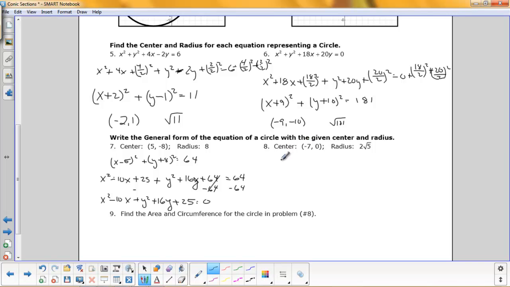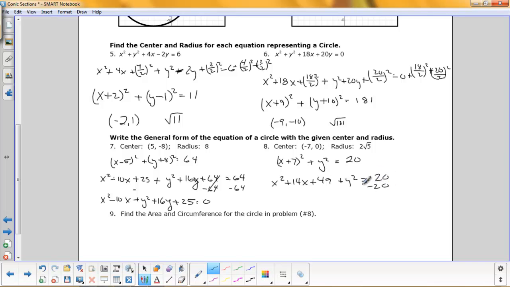Alright, so the next one is (x plus 7) squared plus y squared equals 20. This makes it a little bit easier to see. So I get x squared plus 14x plus 49 plus y squared equals 20.